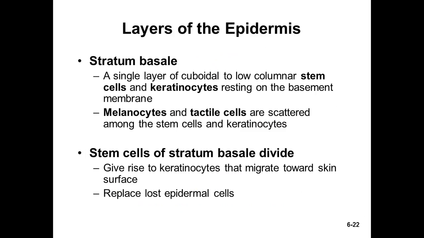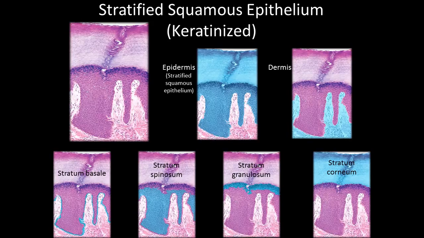So here are your cells in your stratum basale. Like I said, in the stratum basale, you're going to have a lot of keratinocytes that are undergoing cell division a lot, because they have to replace those cells that we shed from the stratum corneum.